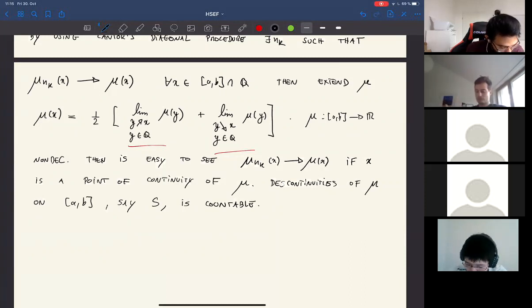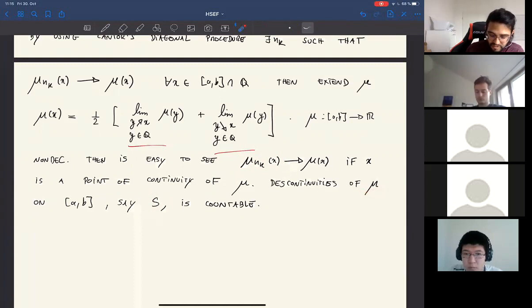So what you can do is just redefine mu on this countable set. This sequence mu_{n_k} will definitely be bounded for each point here. So you can again do a Cantor's diagonal argument and extract a subsequence of the n_k that will converge to something on this set S, and then you define this limit as mu.